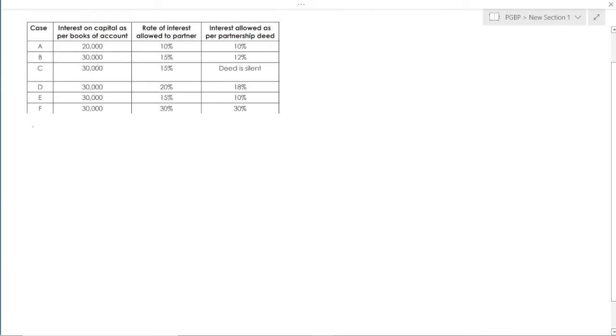Here, interest allowed to partners under section 40B. Then we'll write least of the following. Then we'll write 1, 2, 3, whatever are there. Then case A, case B, case C, case D, case E. This way we will write.